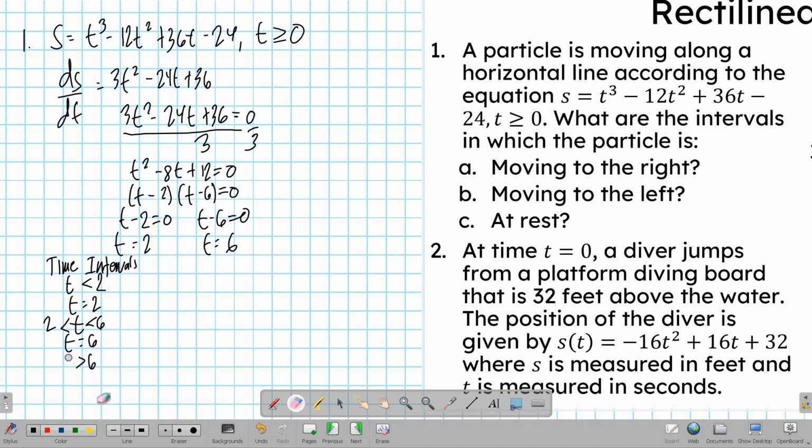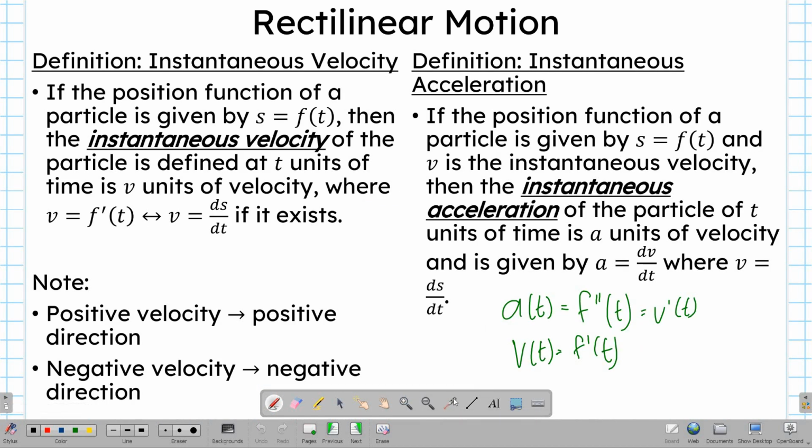So using 2 and 6, the roots that we got, as our endpoints of intervals, it will be easier for us to analyze. Now, how do we know whether it's moving to the right or to the left? Remember, a while ago we mentioned direction.